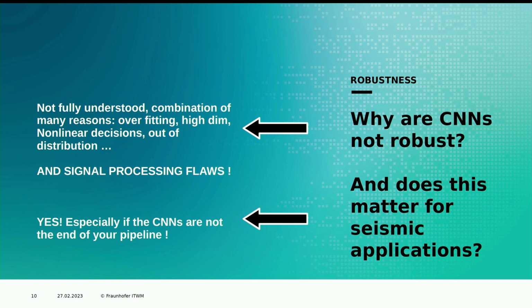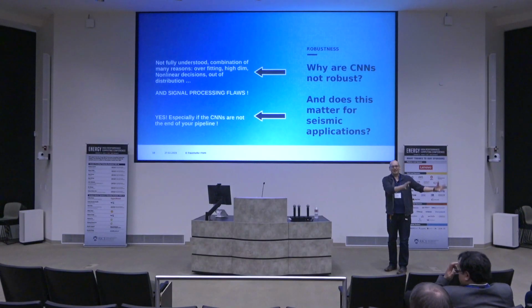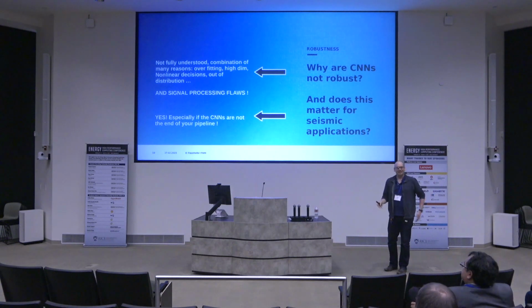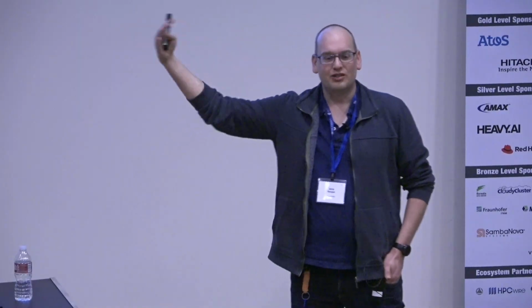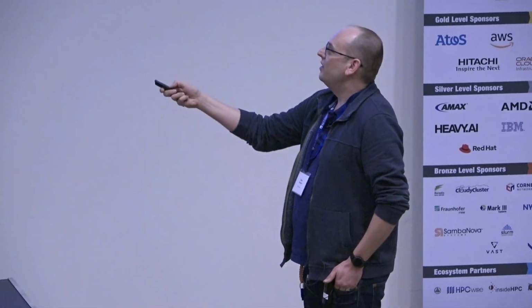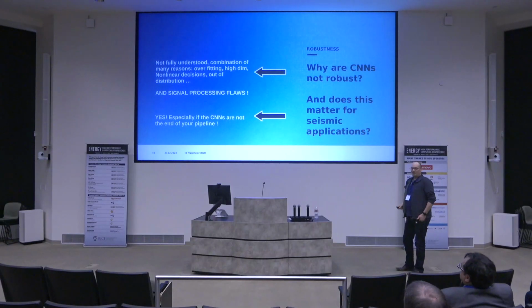There are some indicators, of course, that most of the models we're using are implicitly overfitting, because our test distribution is typically the same as the training distribution, which is not realistic. That's part of the problem. Then we have very high dimensional decision spaces, and very high nonlinearities in these decisions, which cause some of these problems.